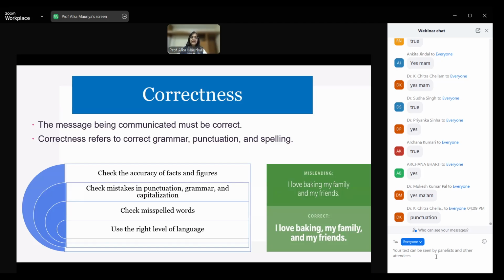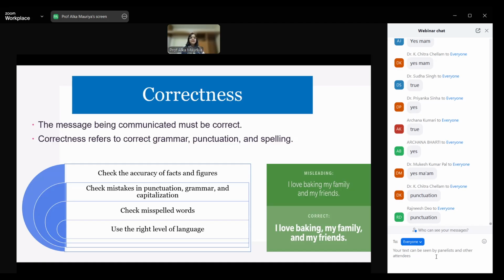And again, unlike our parents and elders, maybe two to three decades back, who didn't have these tools, today you can simply install Grammarly on your devices, and it will prompt you where the punctuation or spelling error is, so that you can correct it before sending the final draft to the stakeholder.